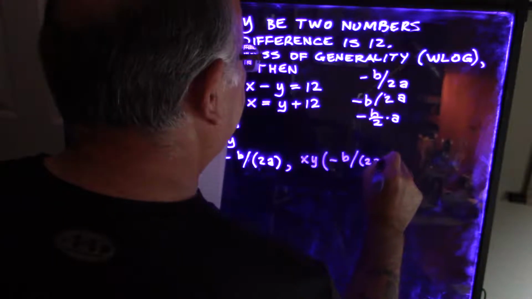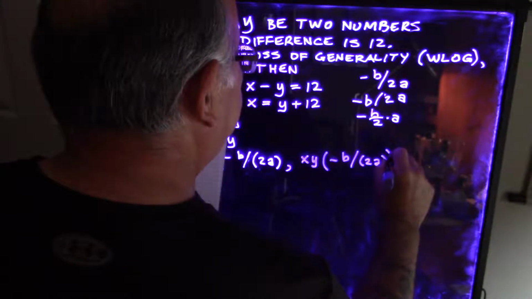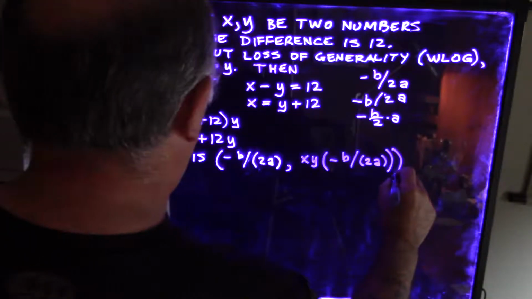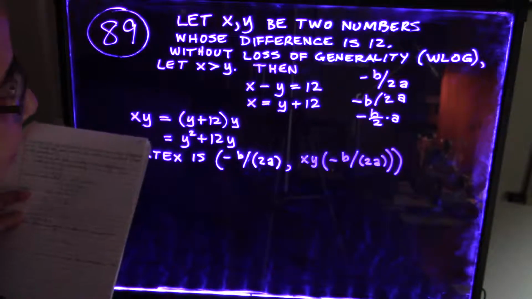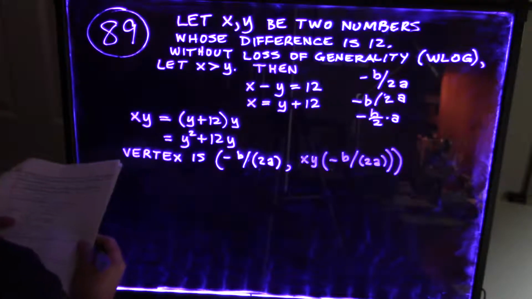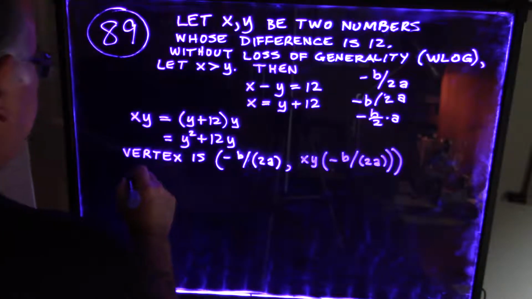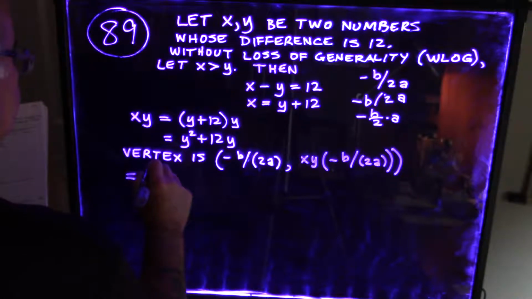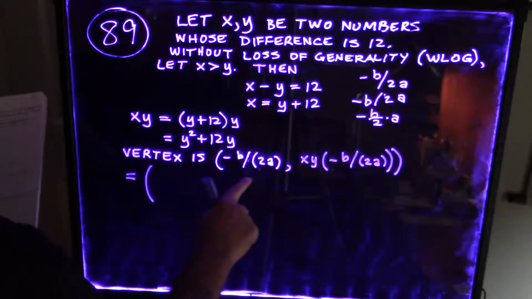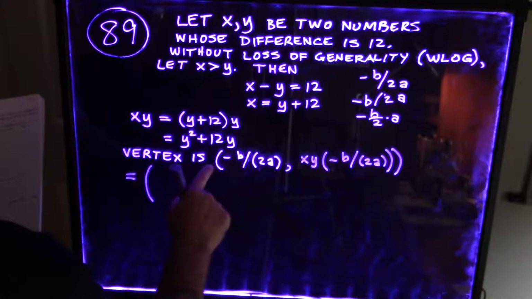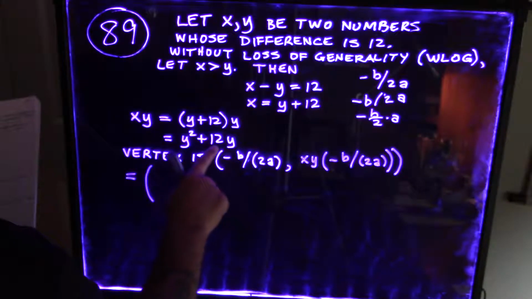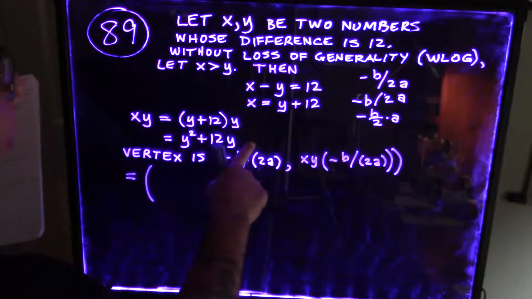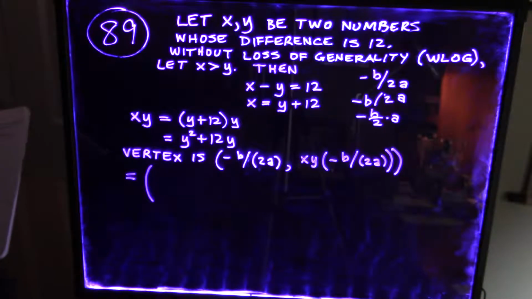And there's our parentheses, a lot of parentheses on this one. So there's your vertex. That's what I'm trying to get, the vertex. This is just following the formula. A is 1, B is 12, and C, which we don't really need here, would be 0.